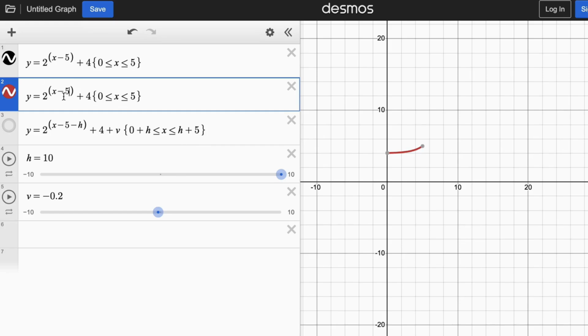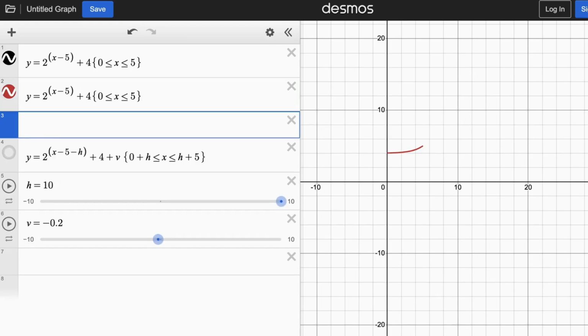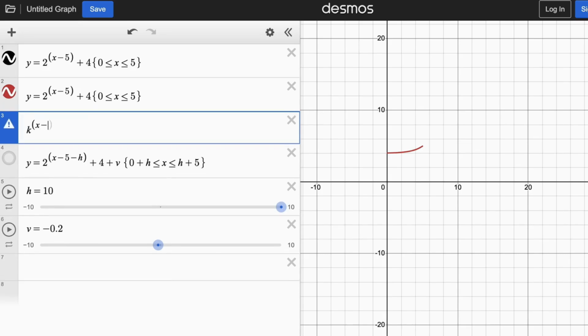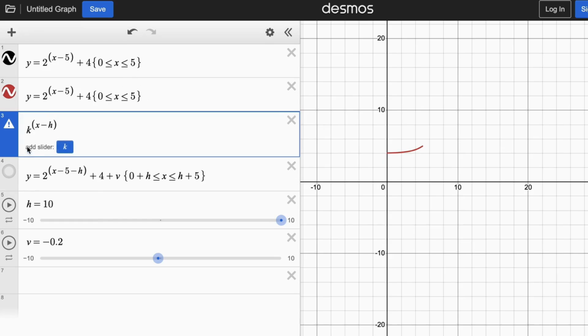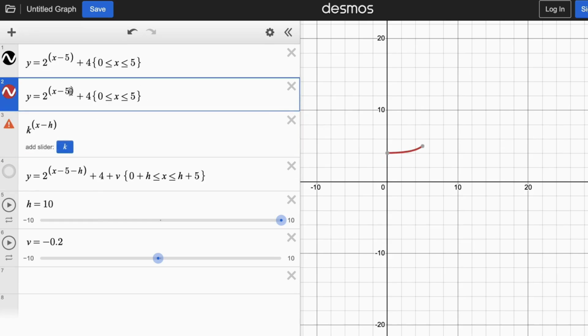So we want a horizontal shift of something. And remember, we had in our general formula something like k to the power of x minus h. So it was always x minus h, which is why we're going to go ahead and say minus h so that we can move it around.